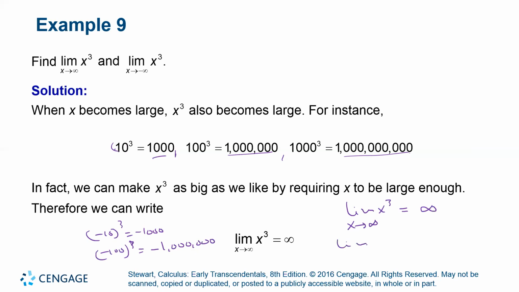Similarly, the limit as x goes to negative infinity of x cubed is negative infinity. So this goes to infinity, and it doesn't become a horizontal asymptote, but it gets bigger either to the right or to the left.